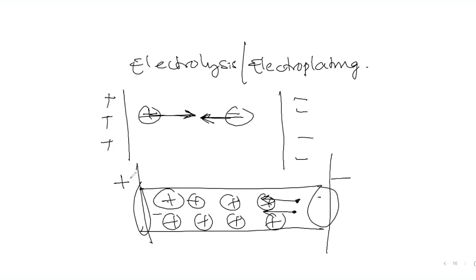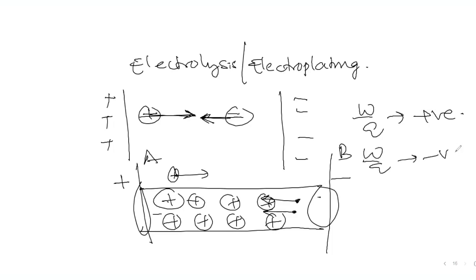The direction of current is considered from positive to negative. Suppose a positive charge moves from A to B, the work done per unit charge is positive. This is for positive charges. For negative charges, it is negative. Simply, we can consider A is at a higher potential and B is at a lower potential. Electrons move from low potential to high potential. Current flows from high potential to low potential.